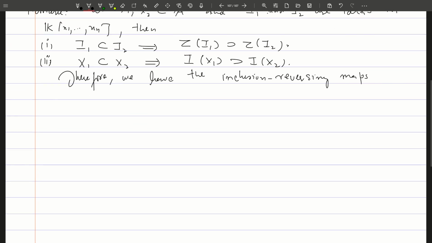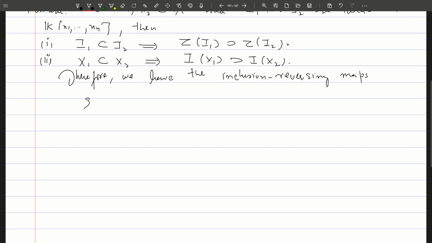One map is from subsets in the affine space to ideals in the polynomial ring in n variables.